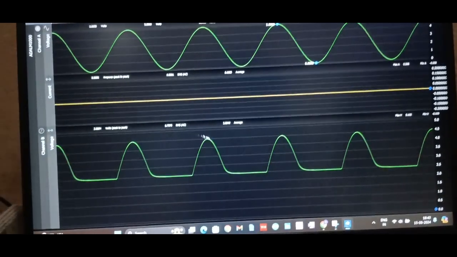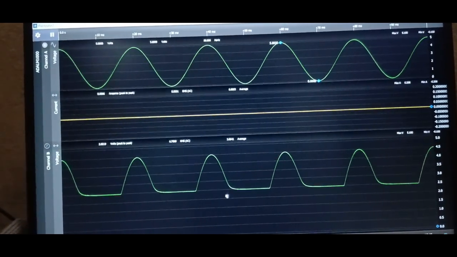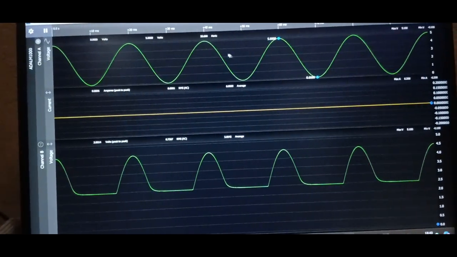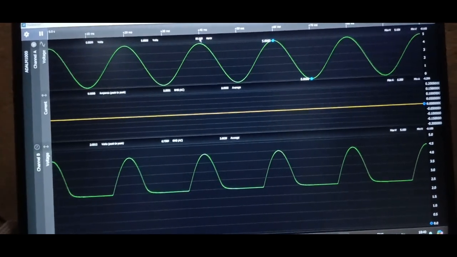And I'm going to connect this, set it to 50 Hz. The rectified waveform which is generated.